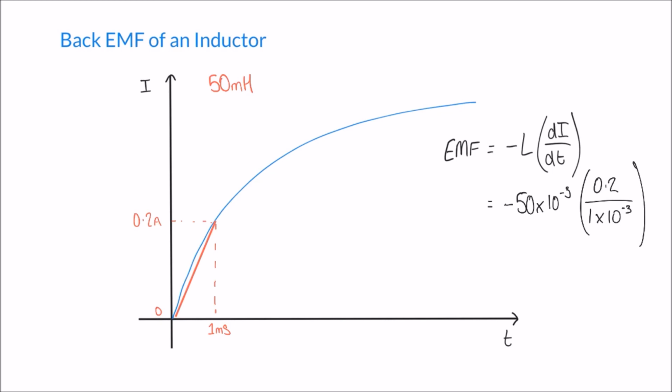And if I calculate that, I get an answer of minus 10 volts. So in this case, when I switch this inductor on, in the first millisecond, we're going to see somewhere around minus 10 volts being created in back EMF.